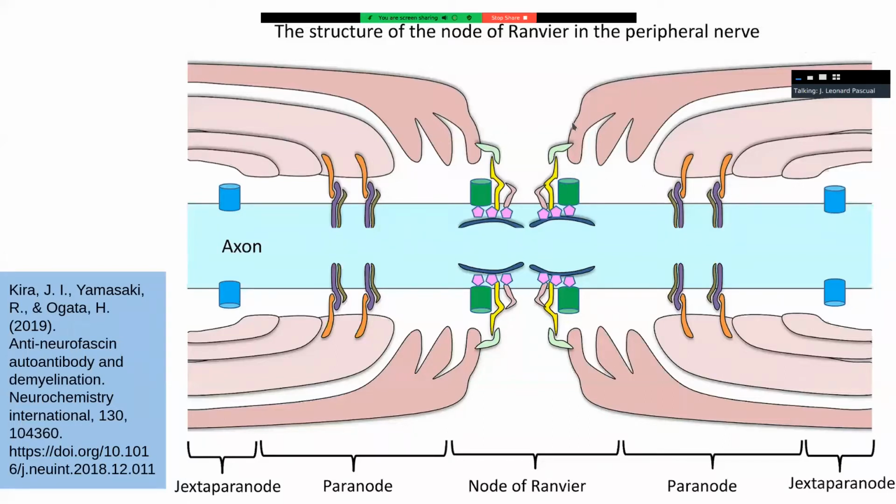So you have proteins from the Schwann cell, you have proteins from the axon. So essentially closing the door to the outside world here. And you have these sodium channels here, which are the ones that help facilitate the transmission of electricity. And you have channels here as well, and we will get to that in a while.